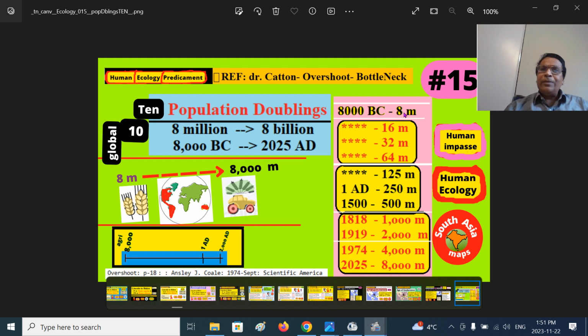8 million people doubled to 16, doubled to 32, again doubled to 64, again doubled to almost 125, again doubled to 250 million. At the time of the discoveries, around 500 million people. When industrialization started, 1,000 million, 1 billion. When World War II ended, 2 billion.